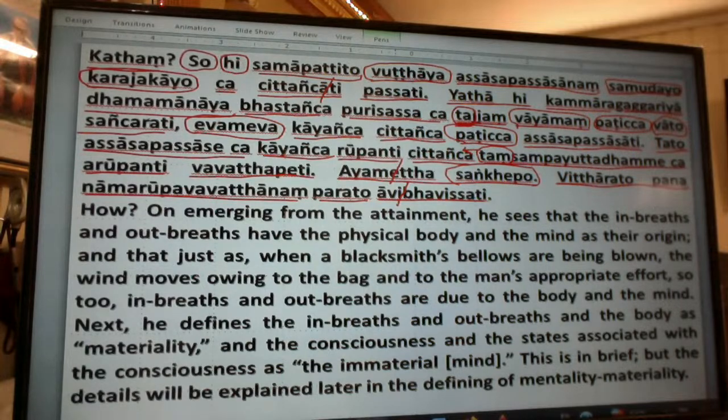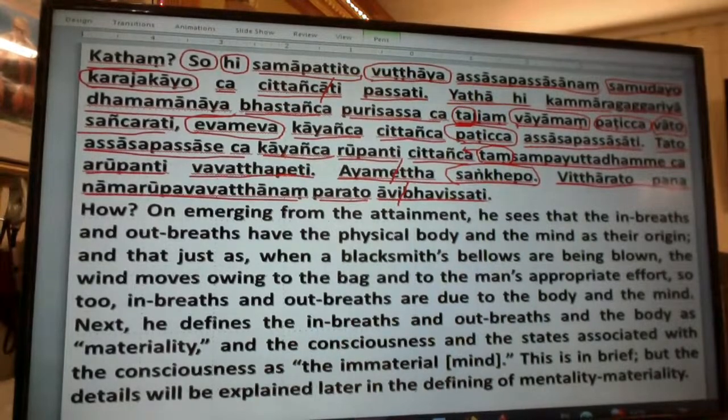At that time we will learn more detail. Right now, just an introduction, because this session is only about the concentration. So I don't want to explain more detail about the wisdom. Namarupa vavatthana is the wisdom, so later it will happen more clearly there. That session, Namarupa Vavatthana, is in chapter 3. Chapter 3 is Panya Niddesa. Right now we are learning Samadhi Niddesa about the concentration, isn't it? So later, chapter 3 is Panya Niddesa, talking about the wisdom. At that time we will learn more detail. So don't worry about that.